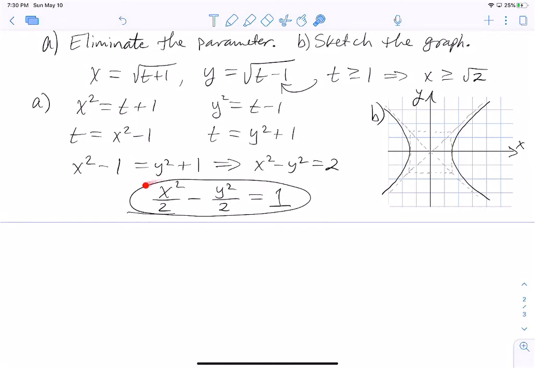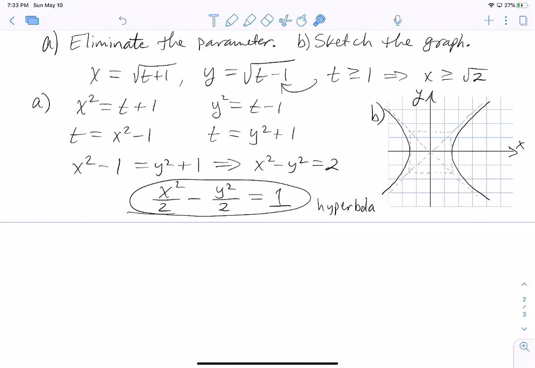Dividing by 2 gives me this equation, x squared over 2 minus y squared over 2 equals 1, which we may recognize is the equation of a hyperbola. And you may recall to graph a hyperbola, we take the number below x squared and square root it. That tells me how far left and right to go from the center. The number under y squared, square root it, and that tells me how far up and down to go from the center.